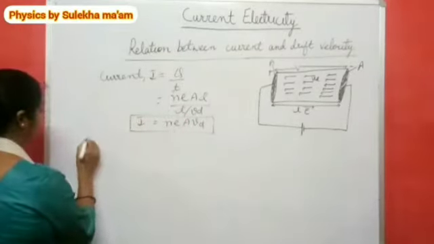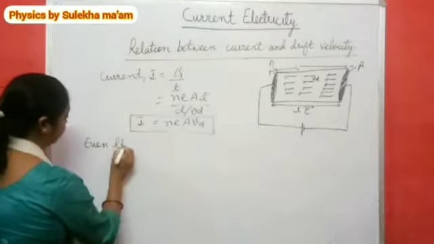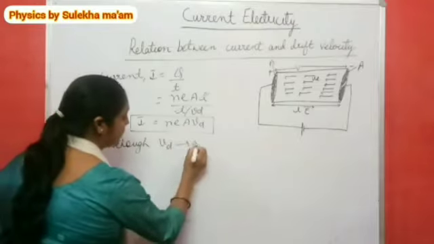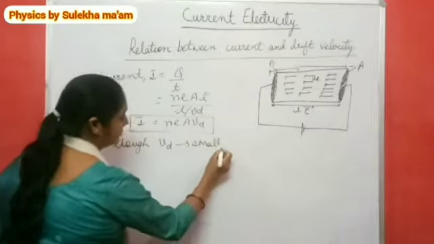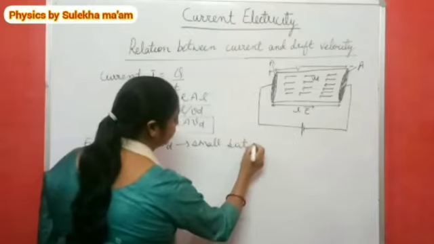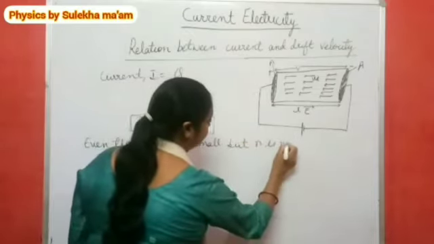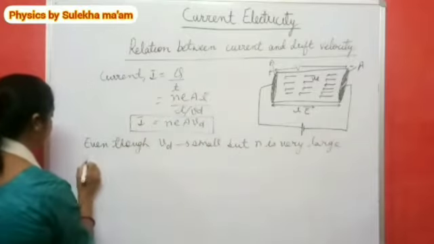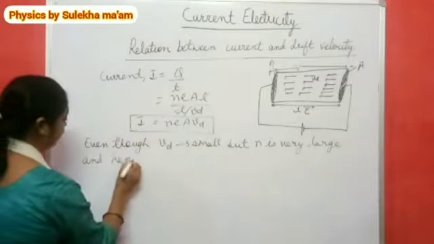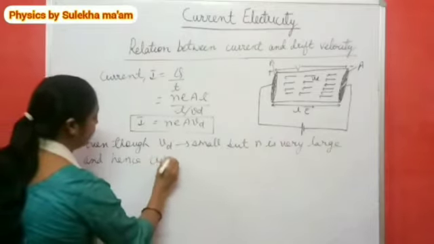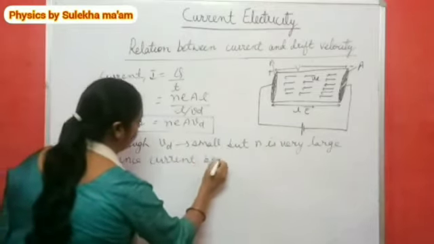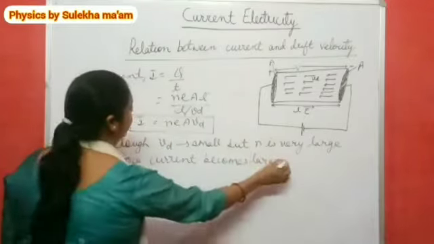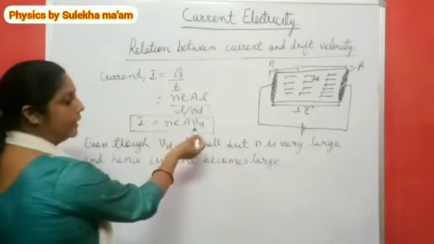So you can write, even though drift velocity Vd is small, N is very large, and hence current becomes large. So I equal to NEAVd.